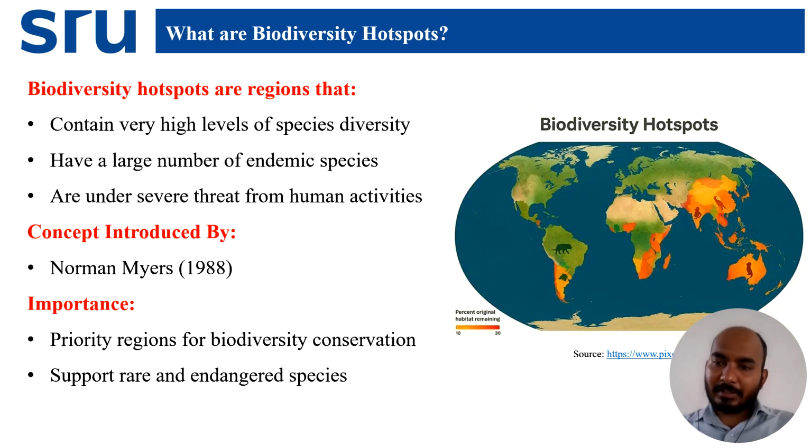The conservation efforts need to be incorporated in these specific areas. This is the main importance of biodiversity hotspots. These are the priority regions for biodiversity conservation, which support rare and endangered species.